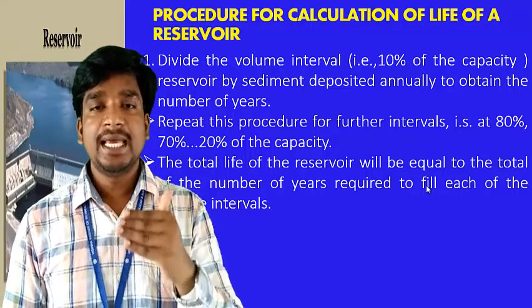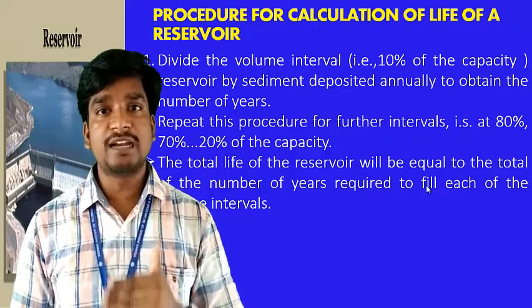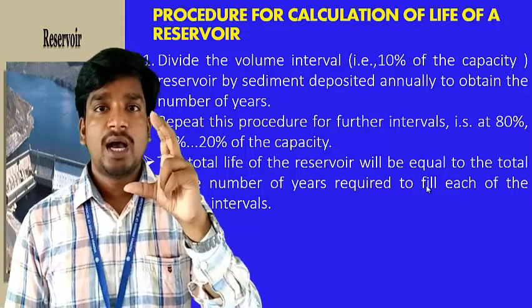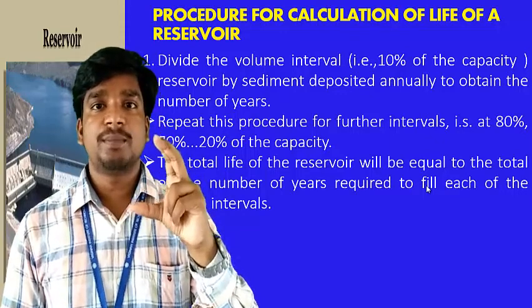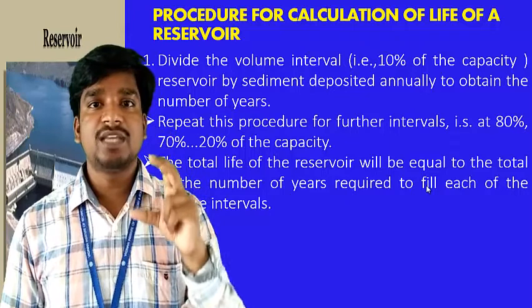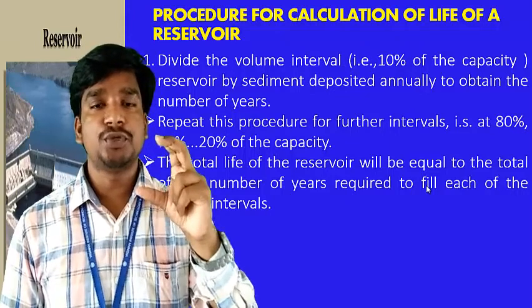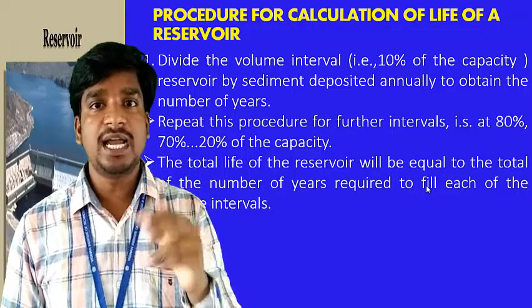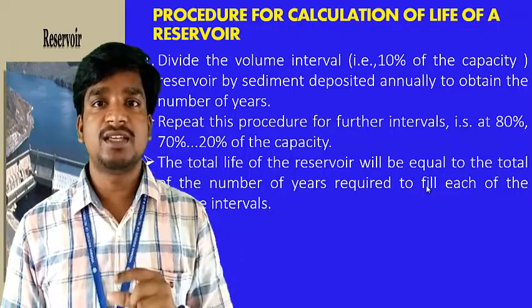Then you will get the number of years for each interval assumed, 10%, 20%, 30%, up to 80%. We consider up to 80% because if the capacity of the reservoir is reduced by 80%, means 80% is occupied with silt and 20% storage is available in the reservoir.